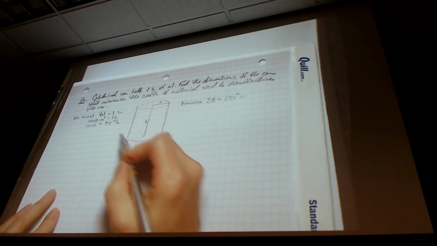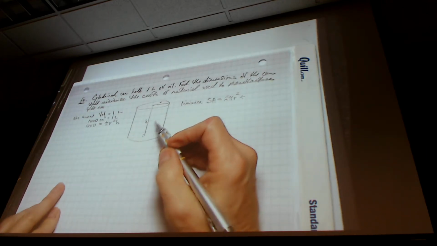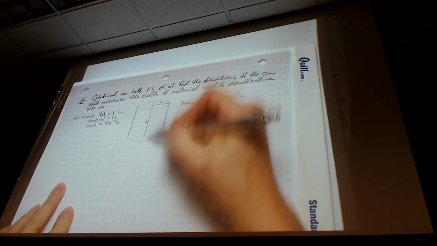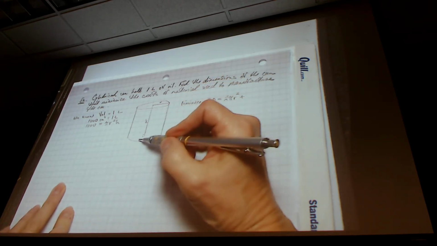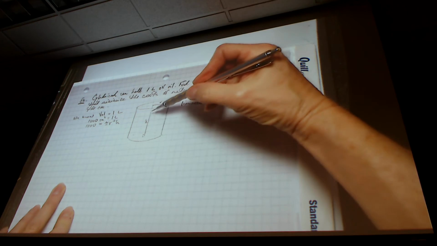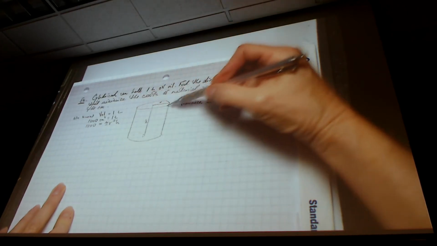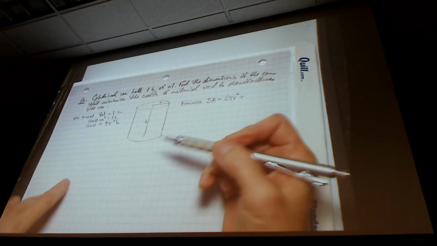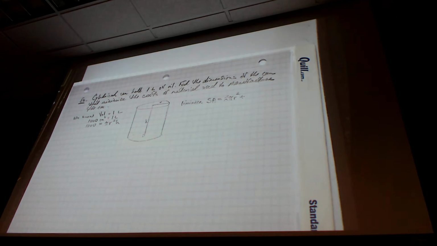Now we've got to get the lateral area of these sides. Well, they're h in height, right? So h is going to be times how long around the can is. Well, if you cut that can on one side and lay out the side, it's just that rectangle, and the length of the rectangle has to be the circumference of the circle.